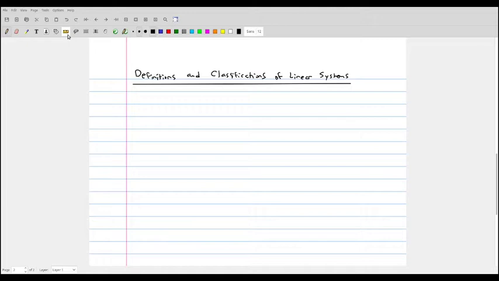And we really have three big terms that we want to define. The first term is a name for systems that have no solutions. So we say that a linear system of equations with no solutions is called inconsistent.